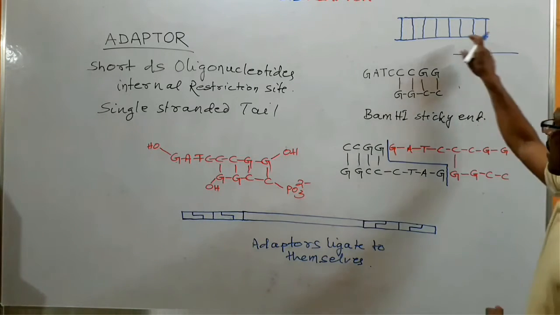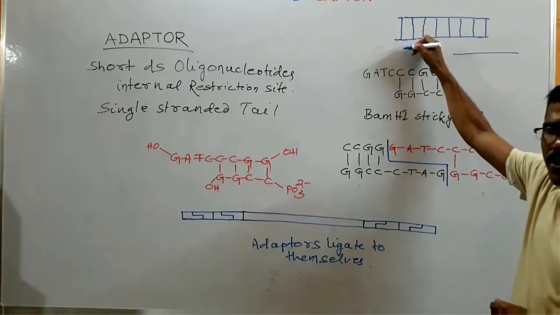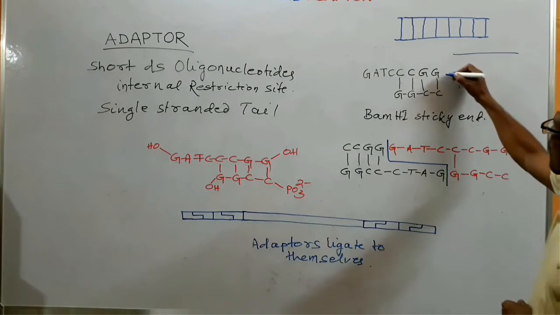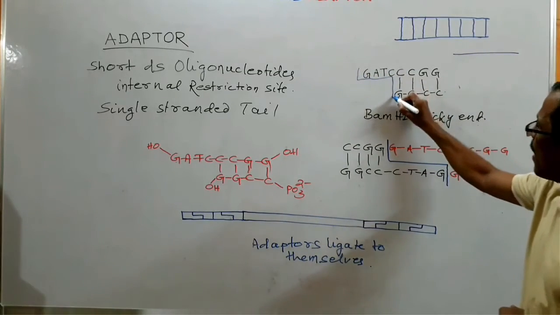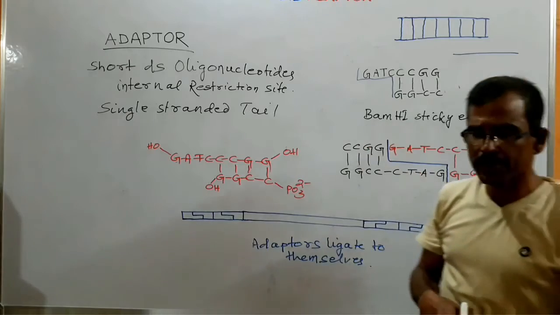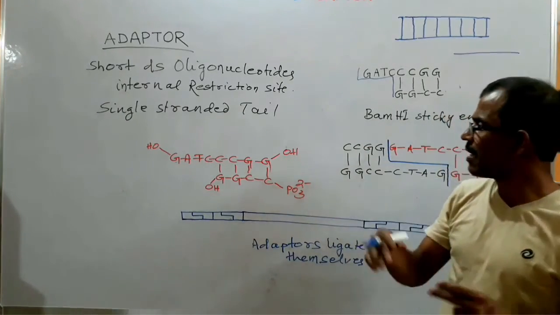And the double-stranded adapter can have two blunt ends. Or the double-stranded adapter can have a blunt end on one side and a sticky or cohesive end on other side. So by using adapters, DNA fragments having blunt ends can be easily ligated.